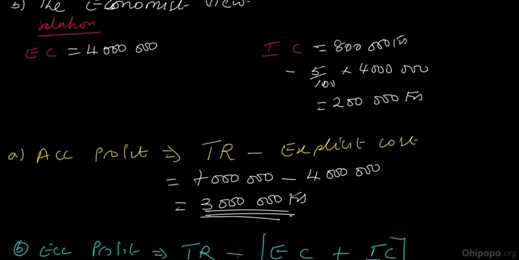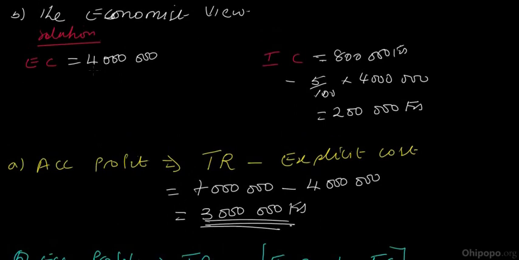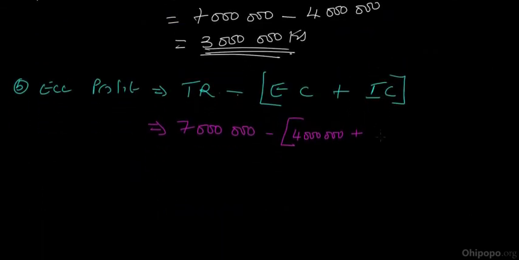It is very obvious that explicit cost is that. Now for implicit cost, we have 800,000 and 200,000. We have seen where the 200,000 francs is coming from. So 800,000 plus 200,000.